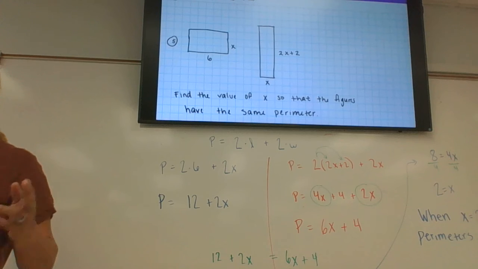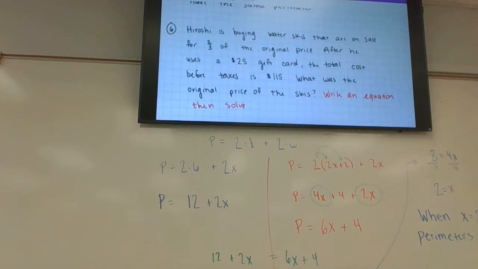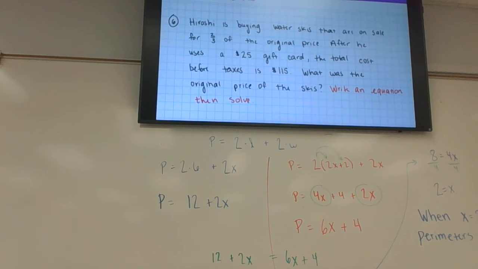Wait a minute, there's one more. Whoa, whoa, let's not do that. Hiroshi is buying water skis that are on sale for 2/3.